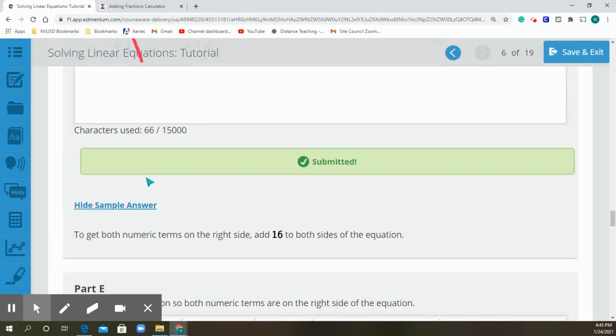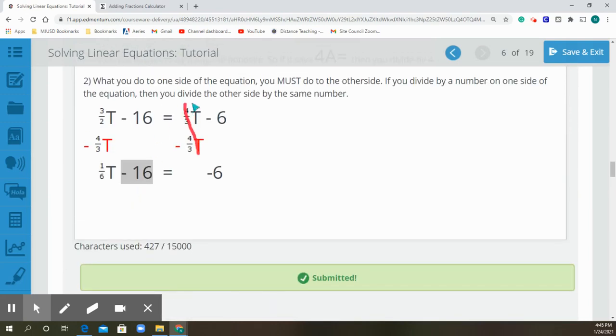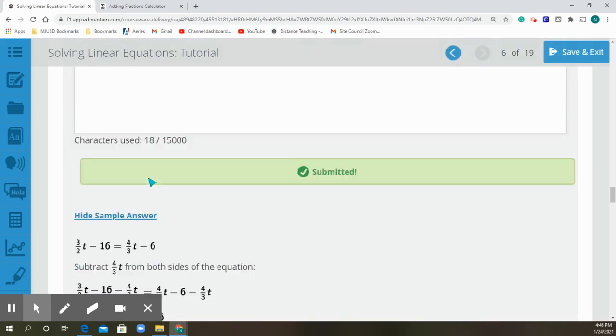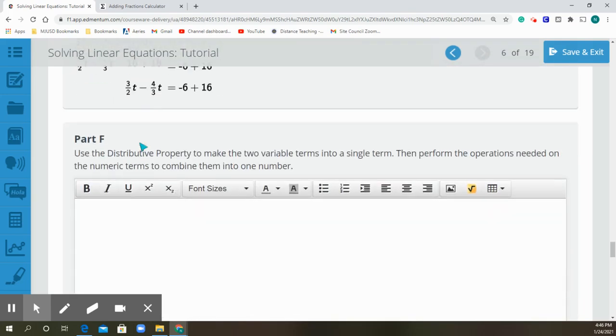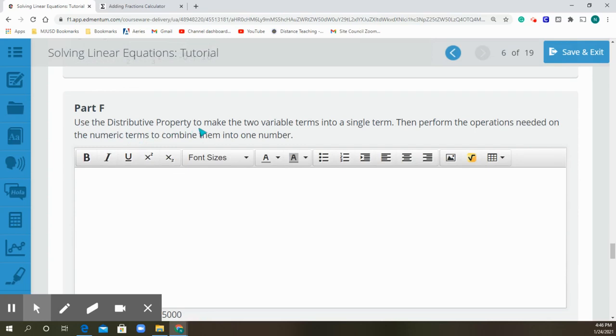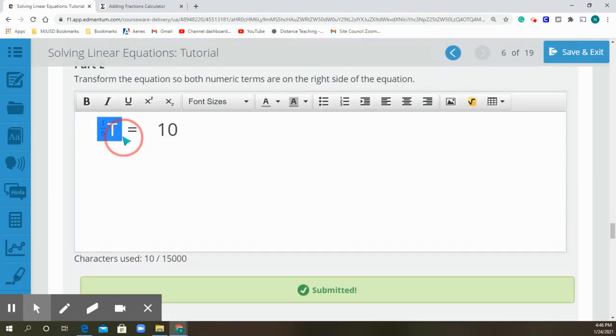I did that up here. I made this term and this term into one single term. That's the only difference when it says use the distributive property to make the two variable terms into one single term. So we already have that as 1/6 t.